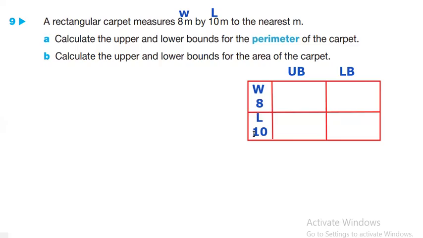Focus on these steps because I want to show you the difference of steps in answering questions like this. Now, as we said, this is the width and this is the length. And we need to find the upper and lower bound using this degree of accuracy. So here we said to the nearest meter. And we made sure that this unit, meter, is the same as these units, which is meters.